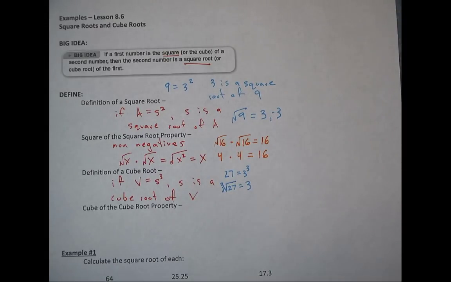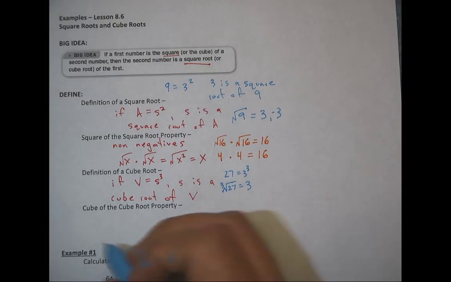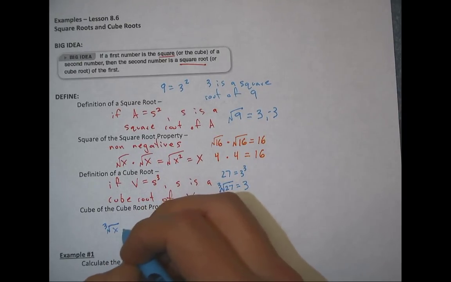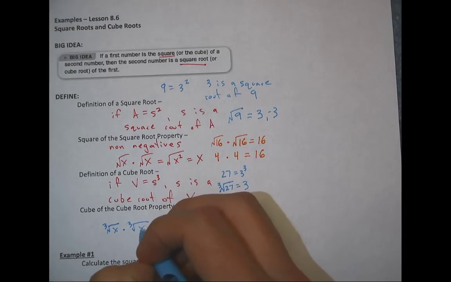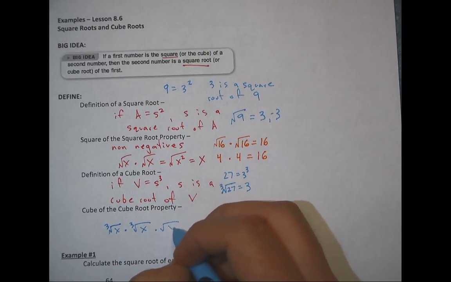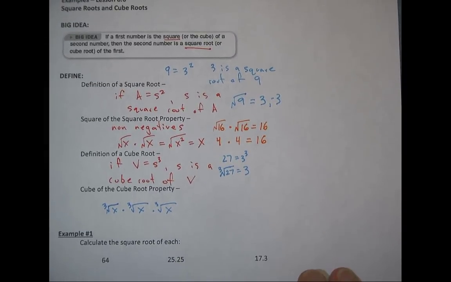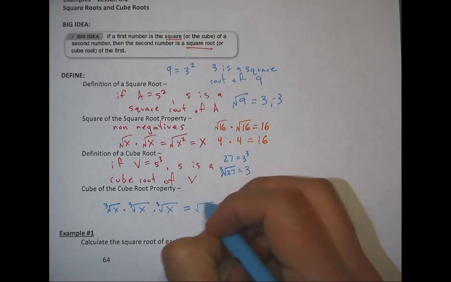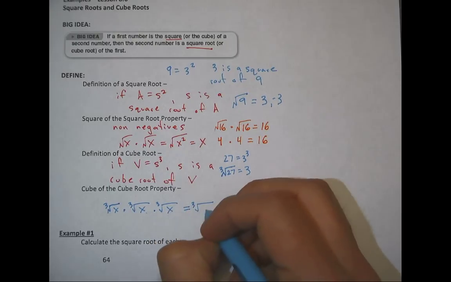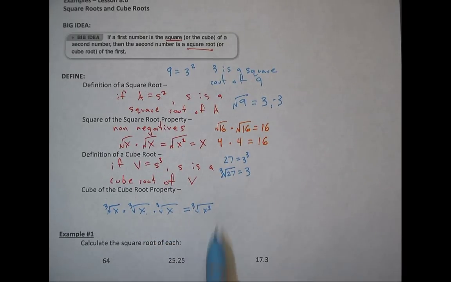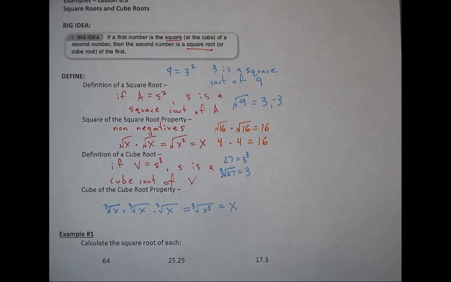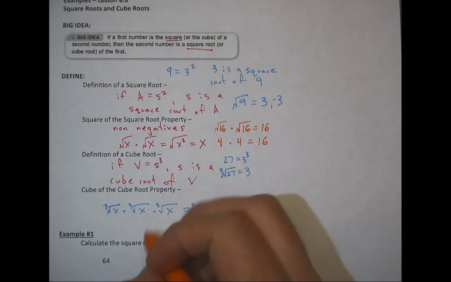Now, the cube of a cube root property, very similar to this one, says if you have the cube root of x times the cube root of x times the cube root of x, so it's going to have to be 3 because cube is all about multiplying something 3 times, you're going to end up with, inside of all this, x times x times x, which is x to the third. And the cube root of x to the third is just x. So this goes right back to what we did here in the orange.